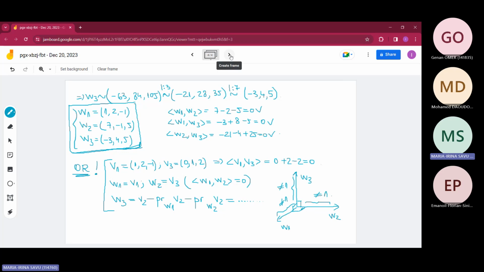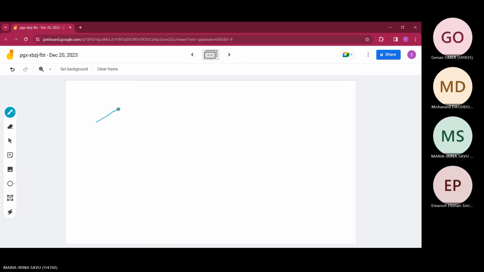So we want to obtain something like this. For the norm of U1 to be equal to 1, U1 must be 1 over the norm of W1 times W1.